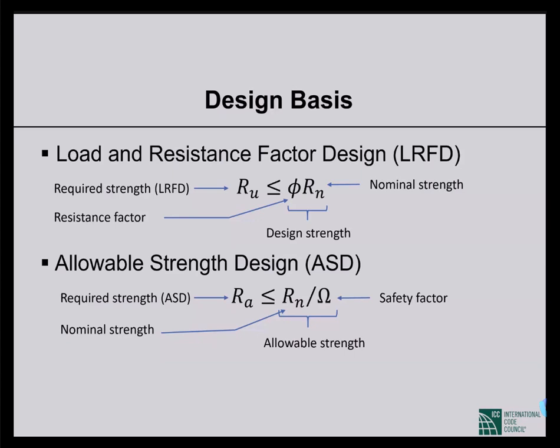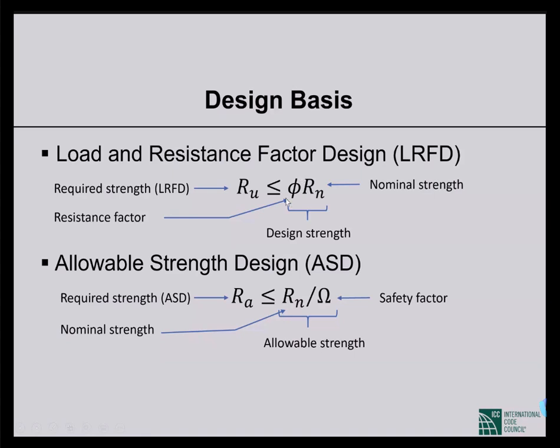So we increase the load, assuming the uncertainty of the loading in the extreme cases, ultimate limit state. So we increase the load and we calculate the inelastic capacity, and assuming the uncertainty of the material properties, we reduce it. So that is LRFD.